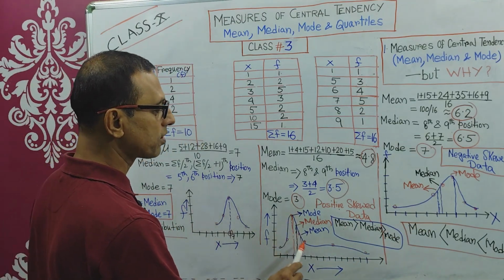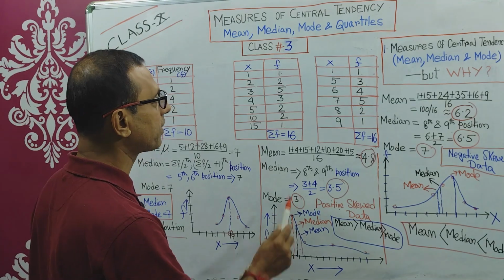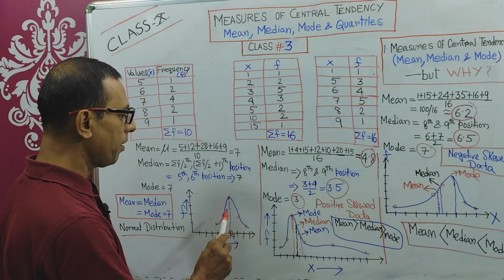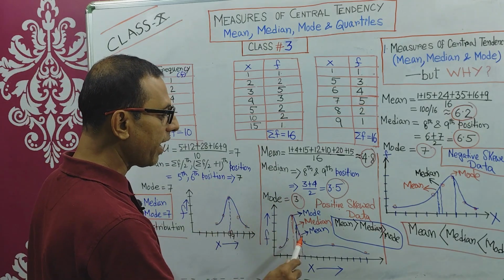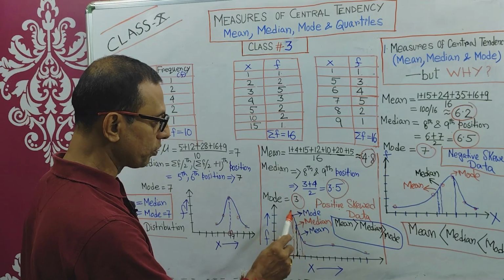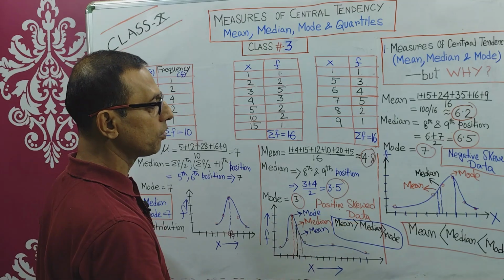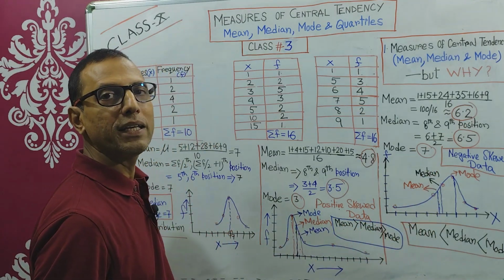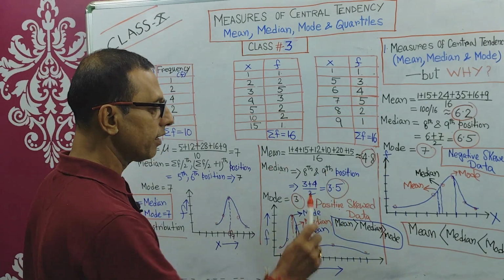That is why for skewed data, mean is not the perfect measure. For normal distribution, mean median mode, for single mode, there is one mode for that kind of data. If it is positively skewed or negatively skewed, then actually the median is the better choice to represent the data than mean.